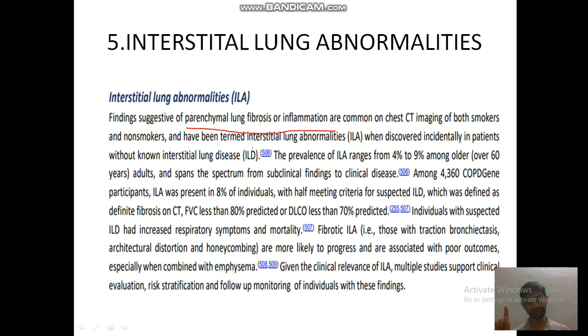The person is only symptomatic for COPD, not for ILD. Such patients we call as interstitial lung abnormality. When both ILA and COPD are combined, the prognosis is poor. That is what he mentions in interstitial lung abnormality.